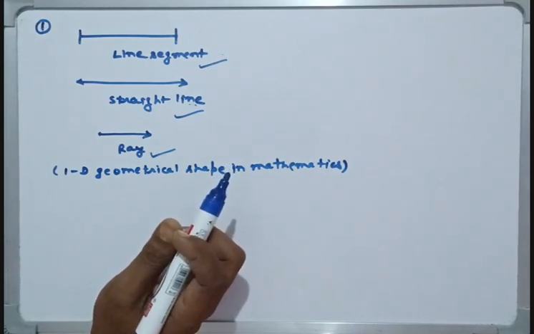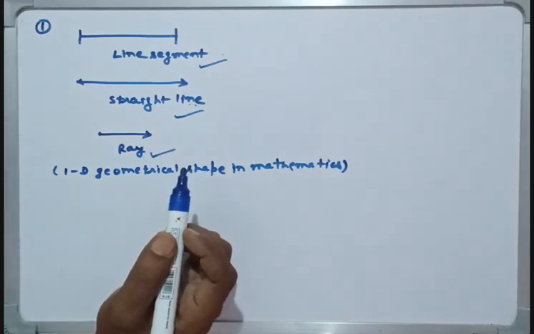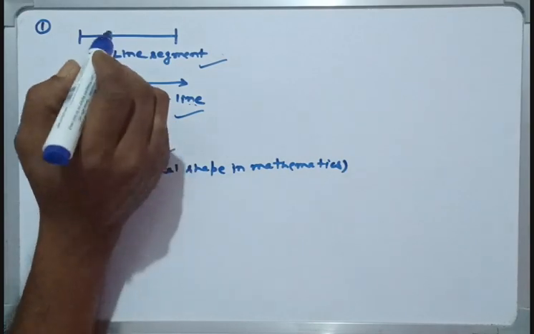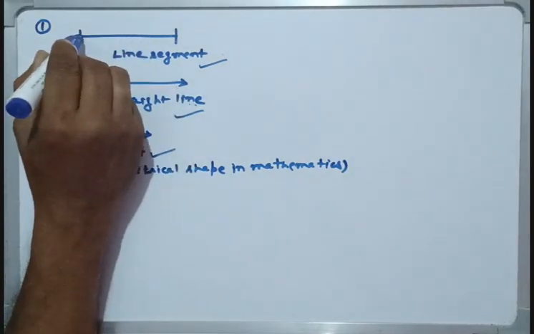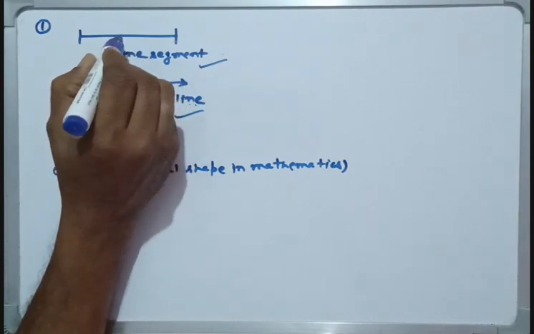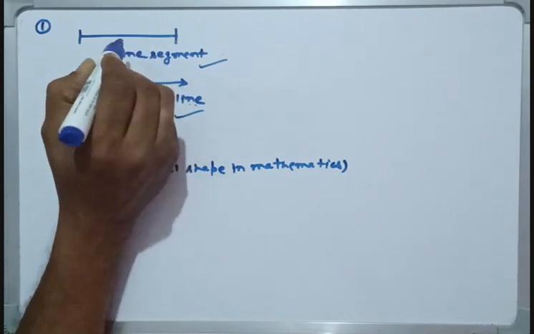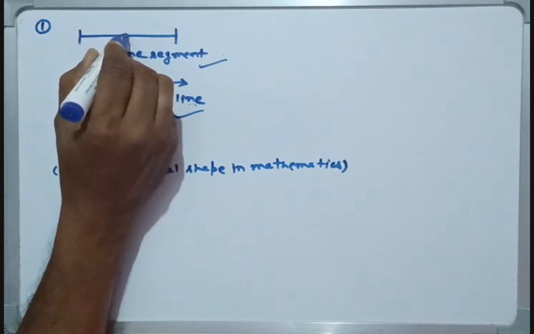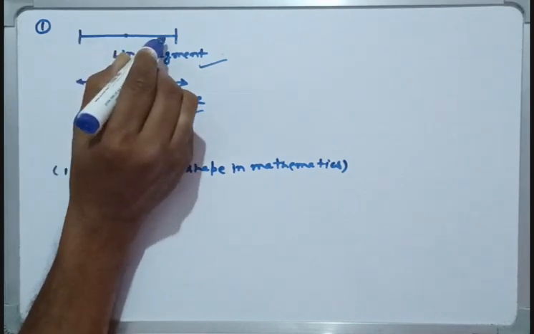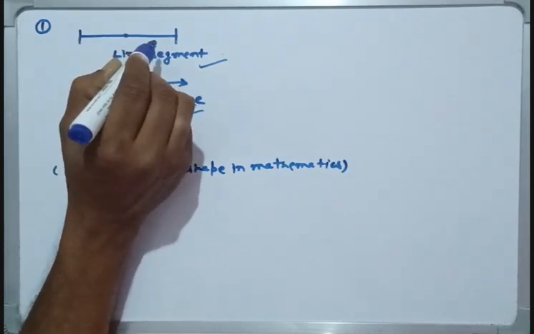Okay guys, now we come to our topic, which is line of symmetry. Now suppose this is a line segment, so the length of this line segment must be fixed. Suppose this one is a midpoint. Midpoint means which divides this line segment into two equal parts.